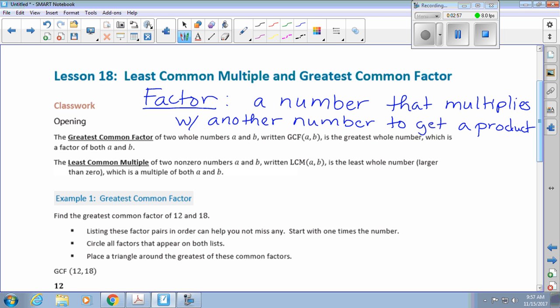All right, so now what we're going to do is look at the greatest common factor of 2 whole numbers. So if we're given 2 numbers, you may be asked to find the greatest common factor. So if we were to break those numbers down into what we could multiply to get those numbers, which numbers would they have in common, and then which of those common numbers is the biggest number.